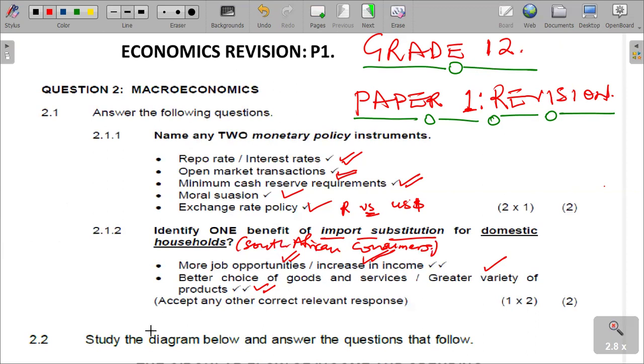So when the South African government, through our international trade policies, has a substitute for certain products, how does that affect and benefit our local consumers? Our local consumers benefit through more job creation, which has already been identified.